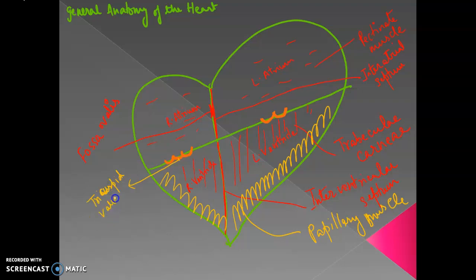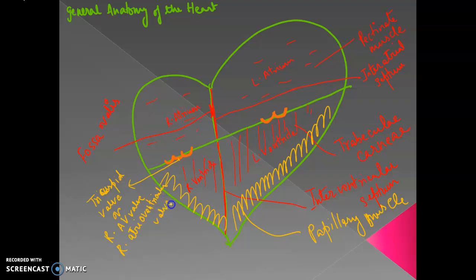This is also known as right AV valve, or some people call it right atrioventricular valve because it is between the atrium and the ventricle.